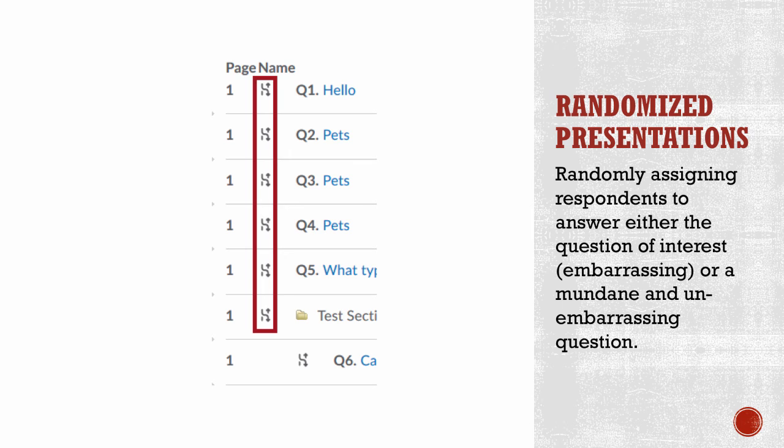Randomization also plays a role in reducing order bias. Survey software makes the randomization of questions and the randomization of responses simple. Both approaches reduce order bias. The randomized response technique also offers a way to make respondents comfortable answering even very embarrassing questions.